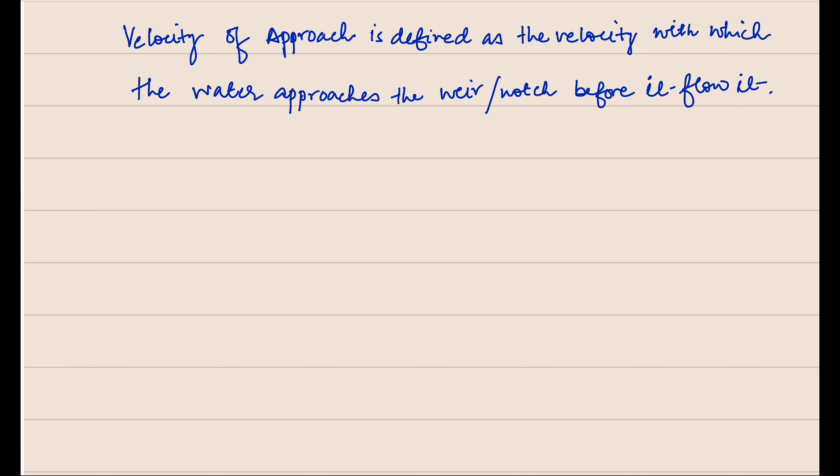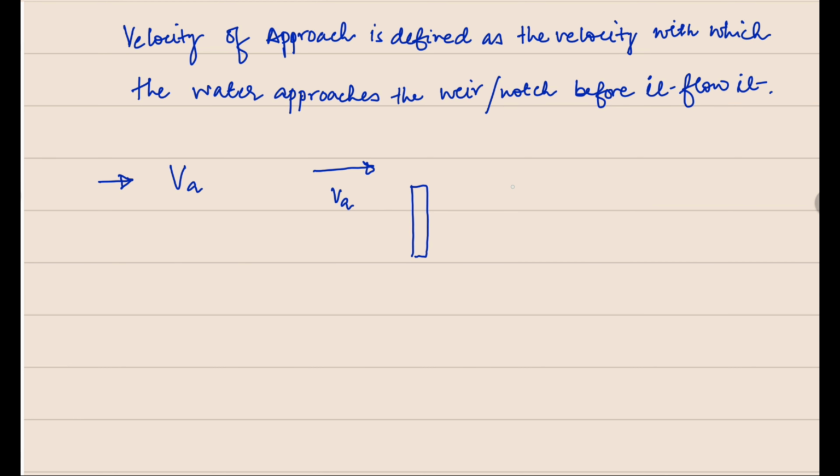So first of all we need to understand why the velocity of approach is going to affect the discharge we are measuring. Let the velocity of approach be Va. Whenever water is flowing over the crest at a velocity of Va, then this presence of velocity in the flowing water will create an additional head, and that head is equal to the velocity head.